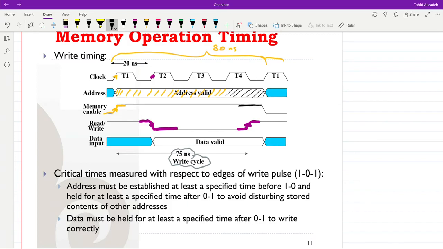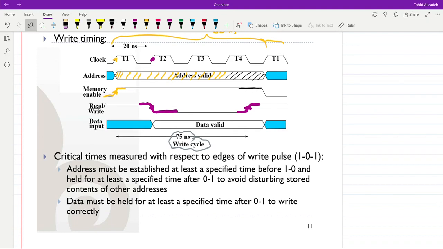So here you can see also the critical times measured with respect to the edges of the write pulse. For the write pulse, we have 1001. This 10 refers to this time instant 10. So read-write goes from 1 to 0.